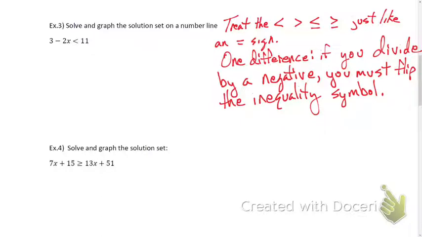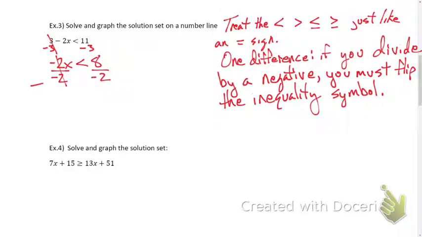So we're going to treat it like an equal sign. No change at the beginning. I'm going to subtract a 3 from both sides. And then we divide by -2.